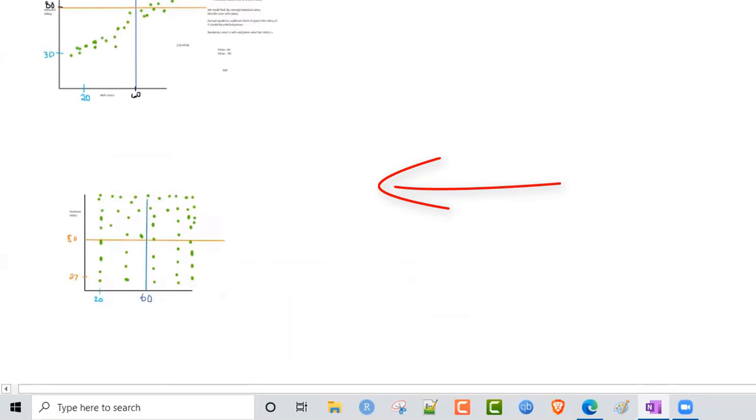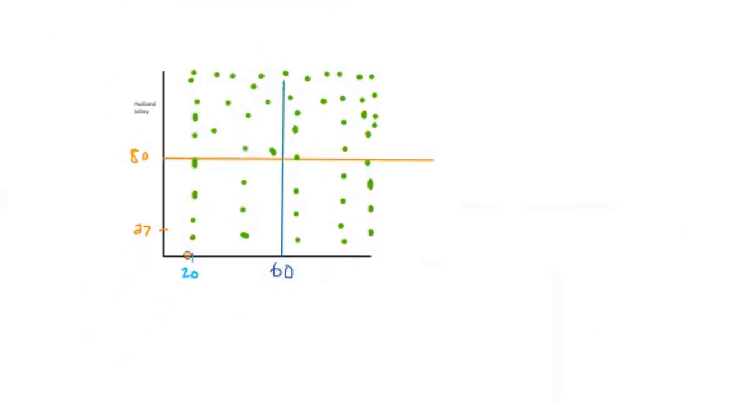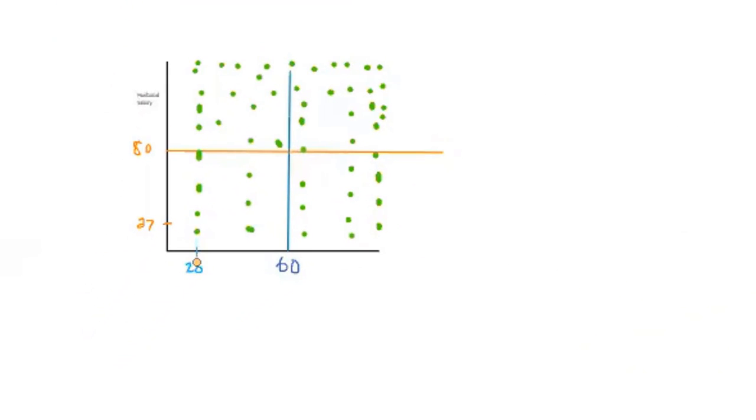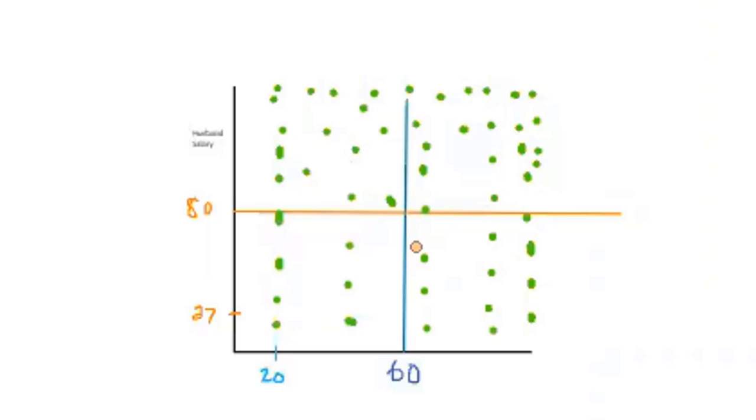In the second graph, I wouldn't say that the husband and wife salaries are related. Okay, well, what do I mean by that? I mean that if I know that the wife's salary is low, that doesn't give me any information about the husband's salary. The husband's salary could be way down here, but it could be way up here. Look at the couples whose wife's salary is 20, and you have all of these possibilities.